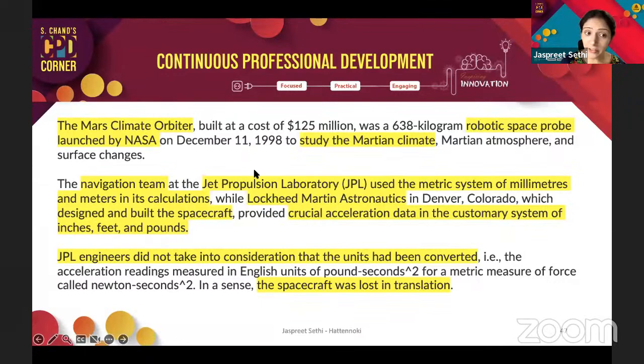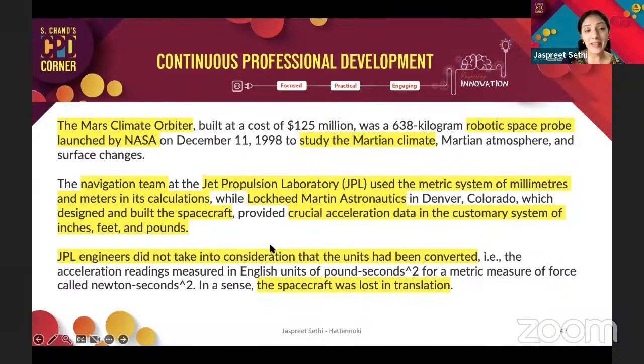The navigation team at Jet Propulsion Lab used the metric system for its calculations, but Lockheed Martin in Denver, which had designed and built the spacecraft, gave crucial acceleration data in the customary system of inches, feet, and pounds.